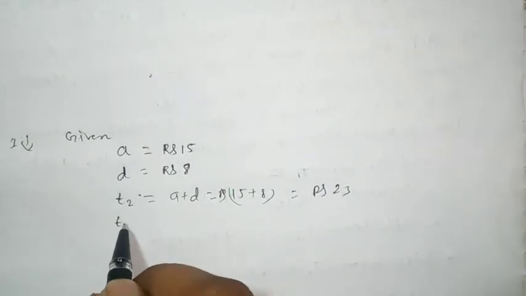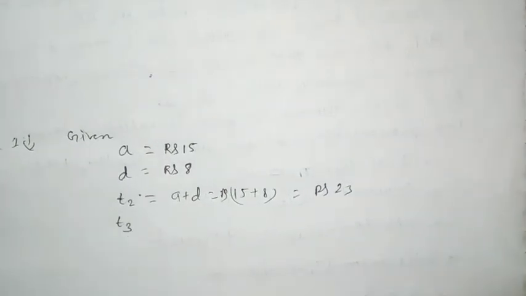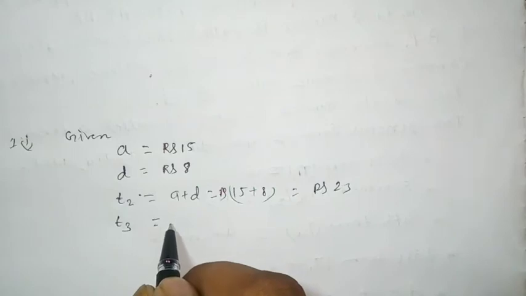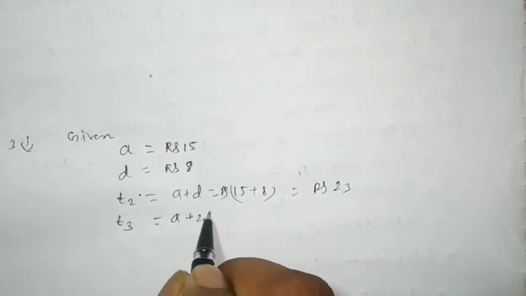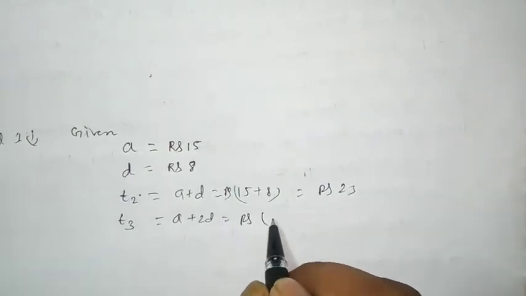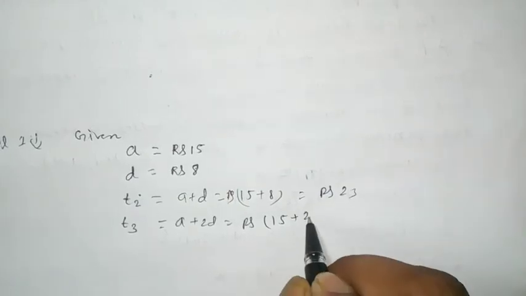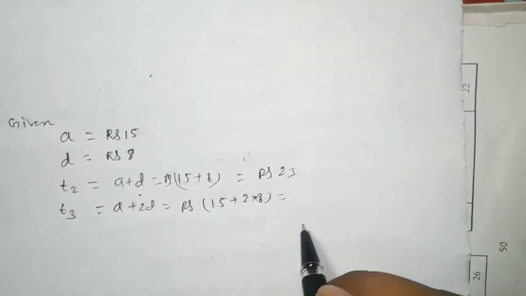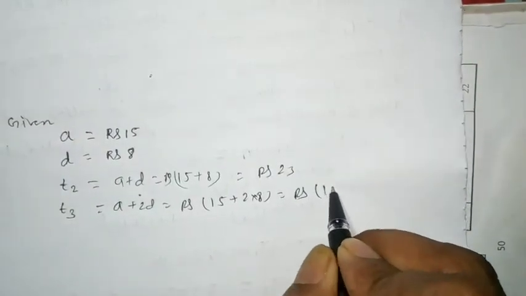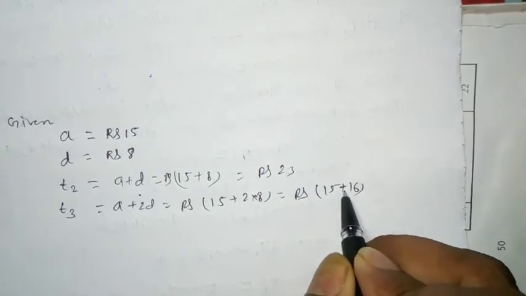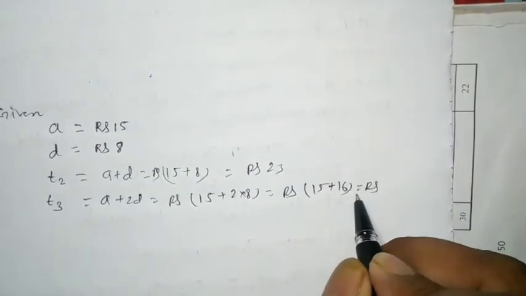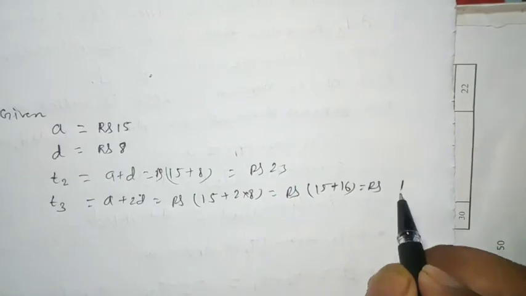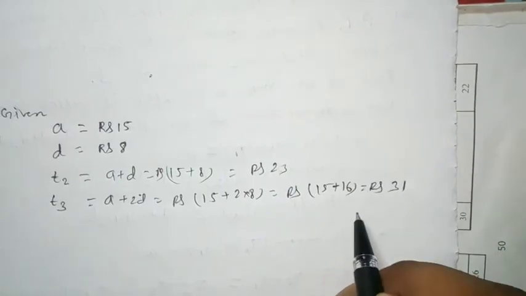The fare of 3 kilometers is T3 is equal to A plus 2D, is equal to 15 plus 2 into 8, is equal to 15 plus 16, is equal to rupees 31.